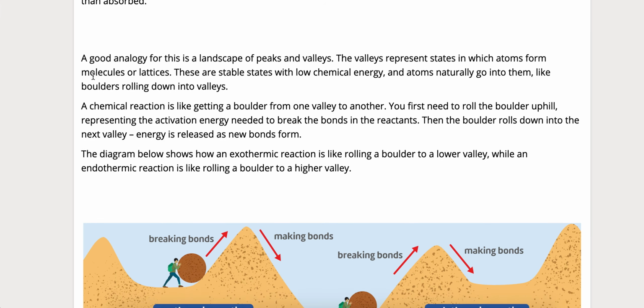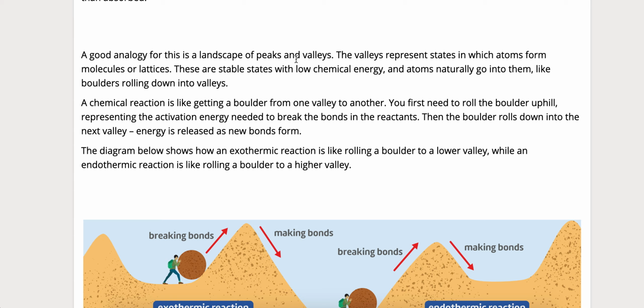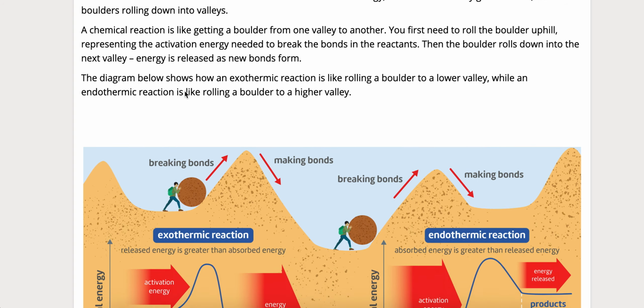A good analogy for this is a landscape of peaks and valleys. The valleys represent states in which atoms form molecules or lattices. These are stable states with low chemical energy, and atoms naturally go into them, like boulders rolling down into valleys.